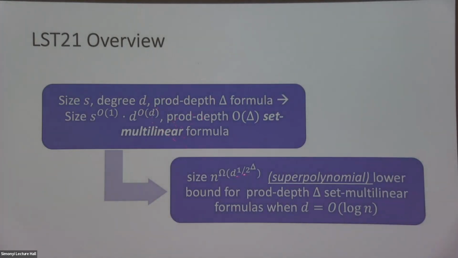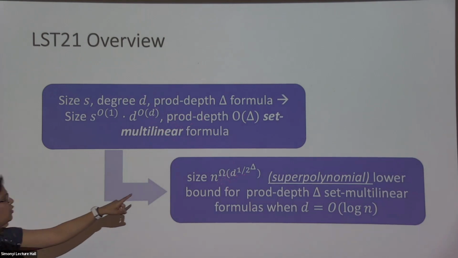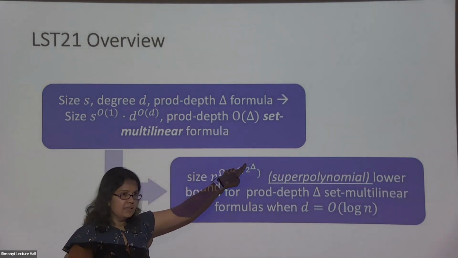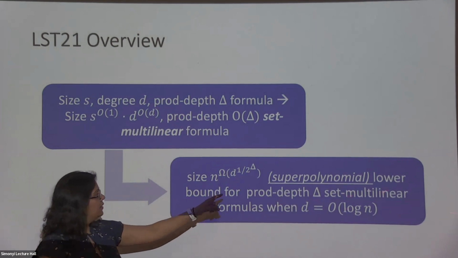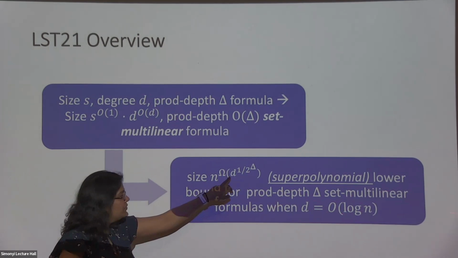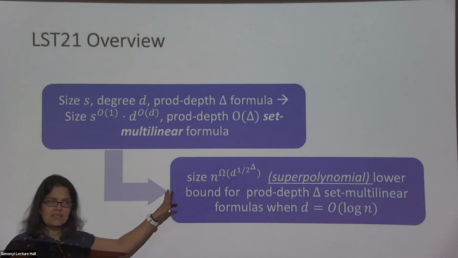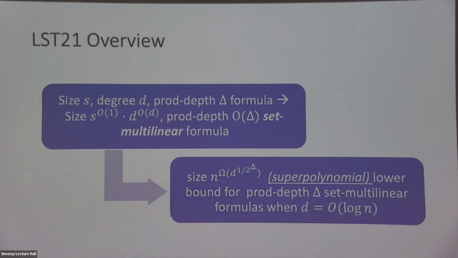So they proved lower bounds of the form n to the d to the some constant for the model of set multilinear formulas. And now even when d is like log n over log log n or something, this is still super polynomial. So their main focus was to prove strong lower bounds for set multilinear constant depth circuits, and this allowed them to prove lower bounds even without set multilinearity.